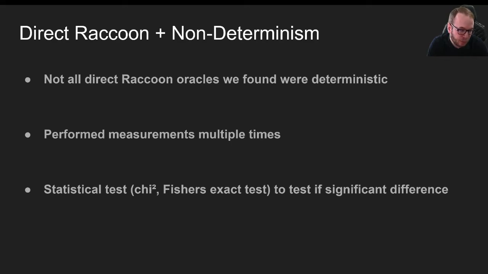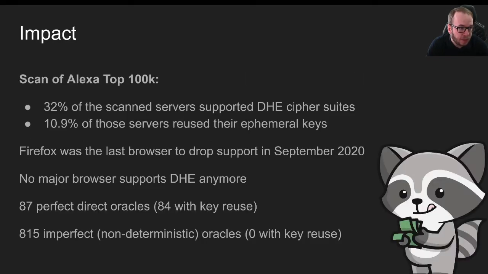So what you would assume is that if it's just by chance that you get a different response from a server, that these by-chance responses are equally distributed among all possible test vectors. But if they are not equally distributed, then you know there's something going on. So this is what we did.